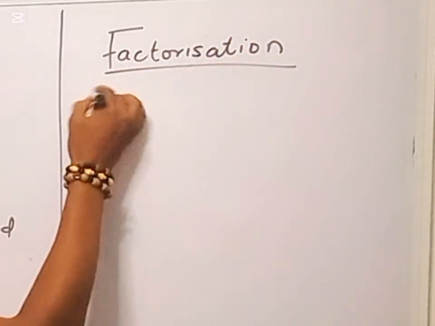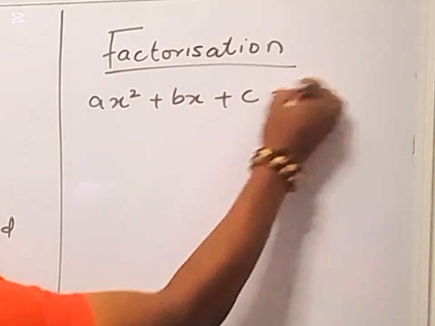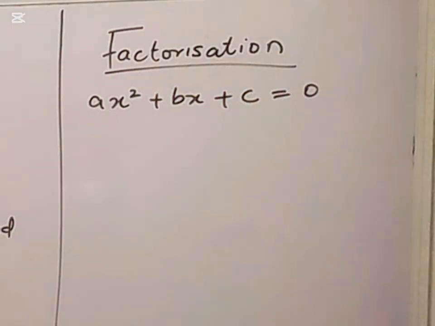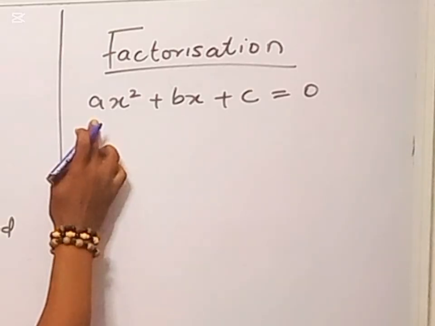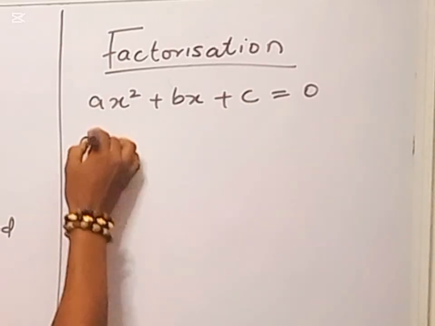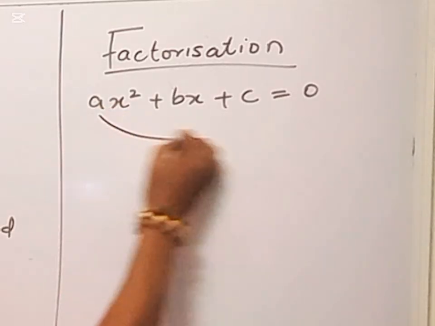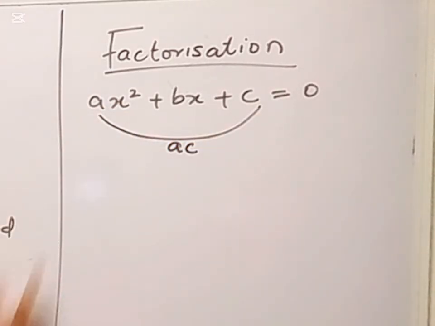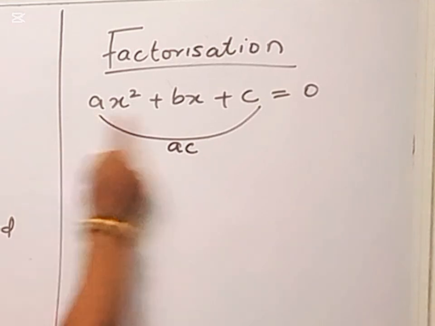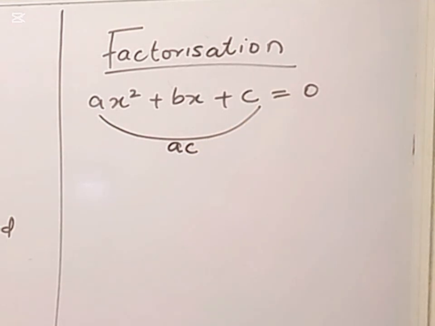So when you have ax squared plus bx plus c equals 0, how do you use the factorization method? The first thing you have to do is get your AC. What do I mean by AC? The coefficient of x squared and this constant c, you need to multiply them.